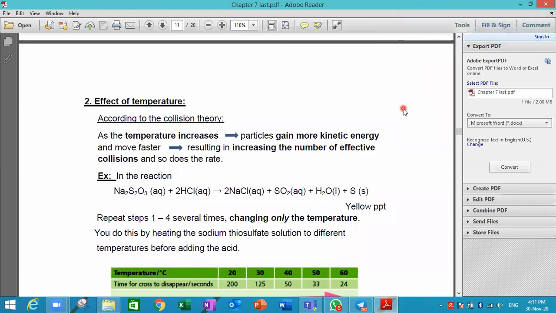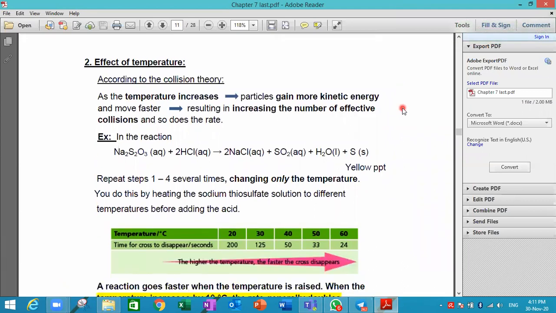Okay, now we come to the second effect on the rate of the reaction, which is the effect of temperature. Now, according to the collision theory, we stated that in order for a reaction to take place, the two particles that will collide together must have enough energy to form the reaction.